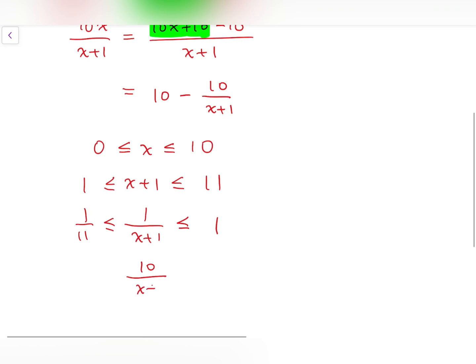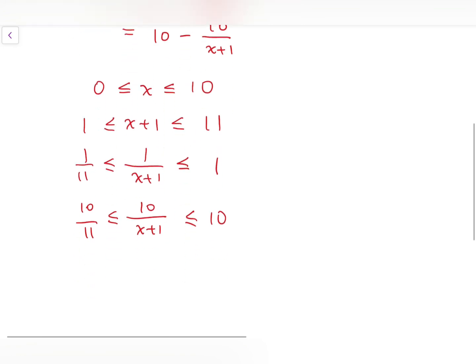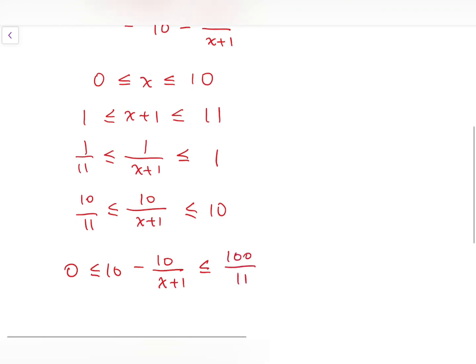Multiplying by 10, and then we've added a minus sign, which turns the maximum to minimum again. Of course, I can add 10 as well. So then the minimum is now minus 10 plus 10, which is 0, while the maximum is minus 10 over 11 plus 10. Simplifying, we have 100 over 11.